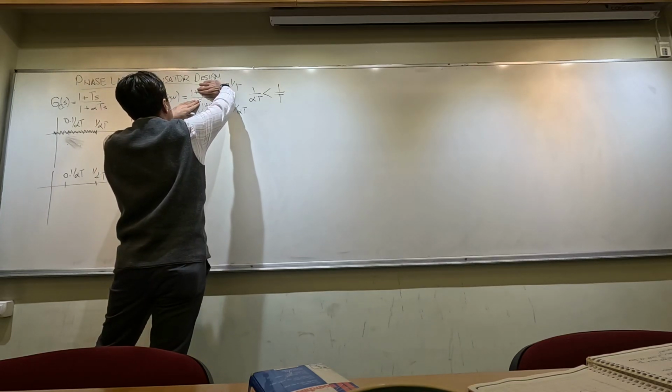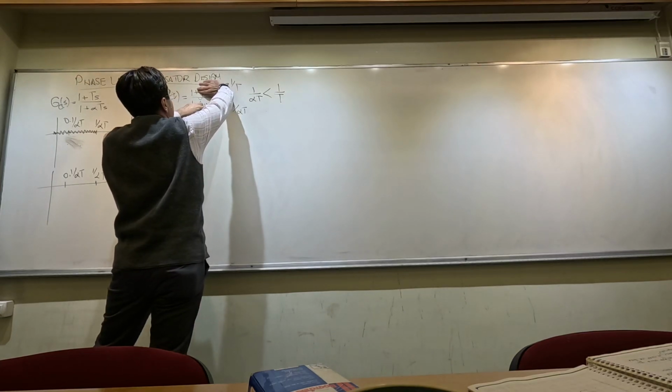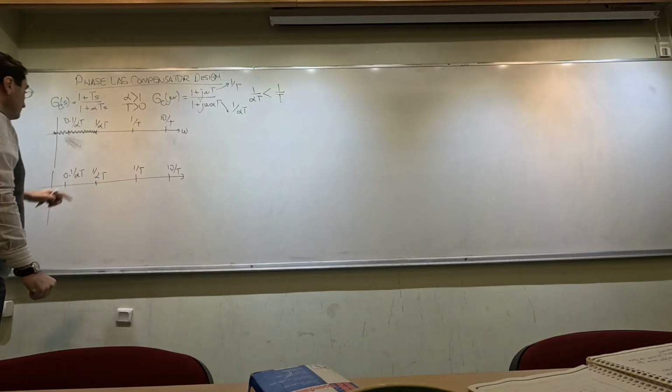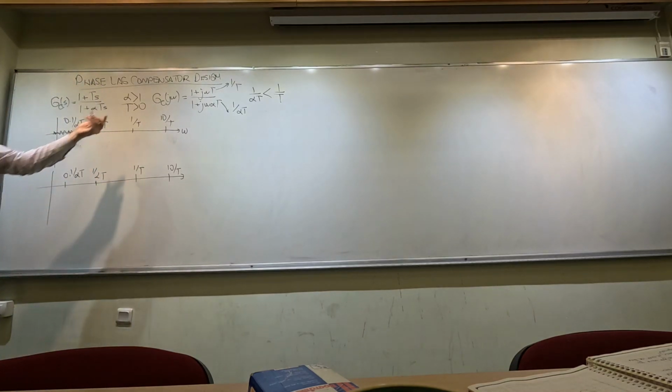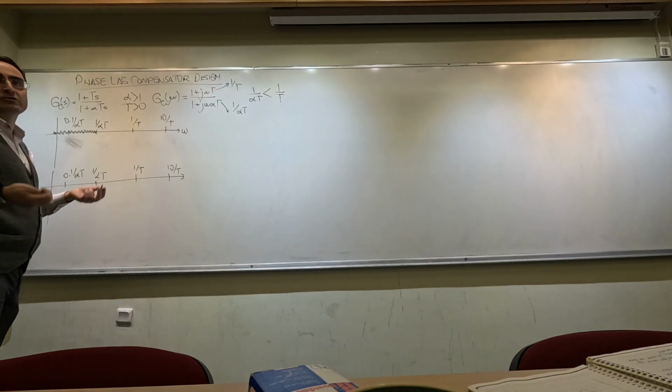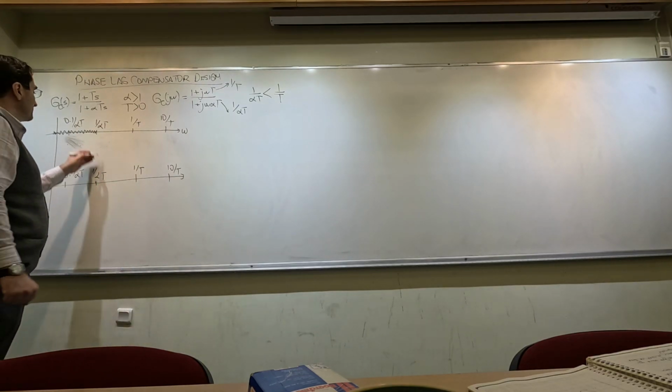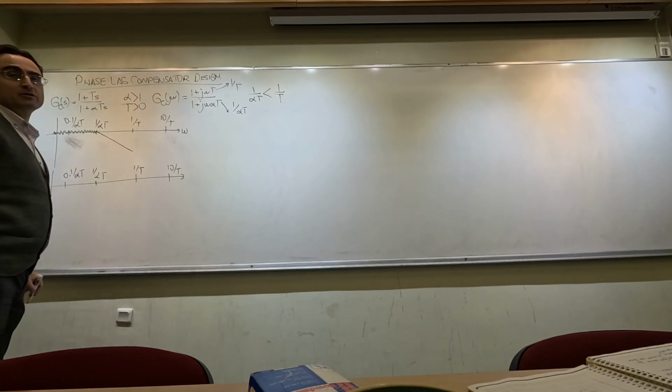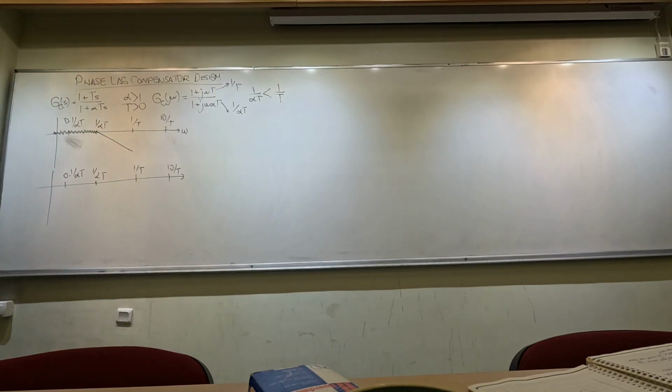Here, the transfer function that I have to draw the magnitude for is approximately 1 over j omega alpha T in this interval. When I increase the frequency 10 times, that magnitude is going to decrease by 20 dB, meaning I have a minus 20 dB per decade slope here.